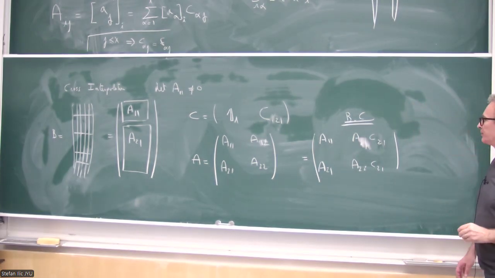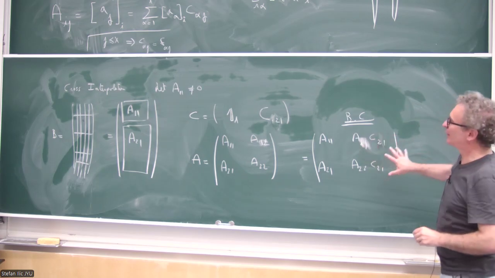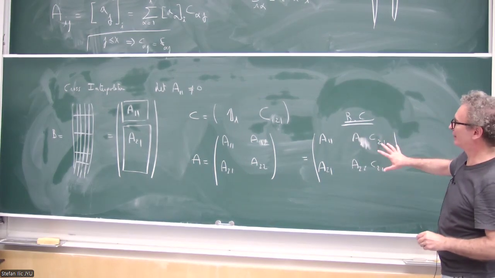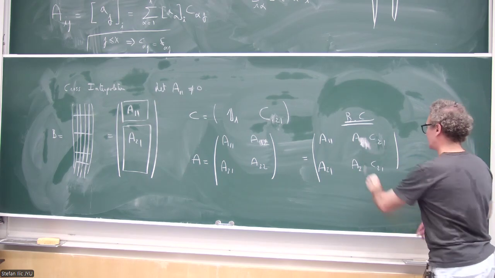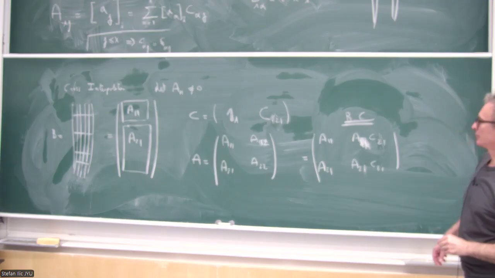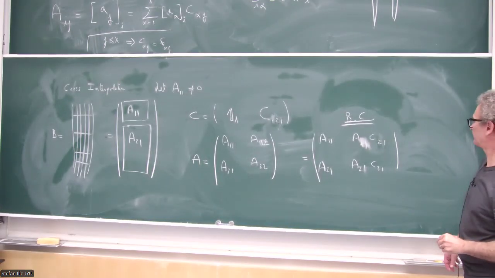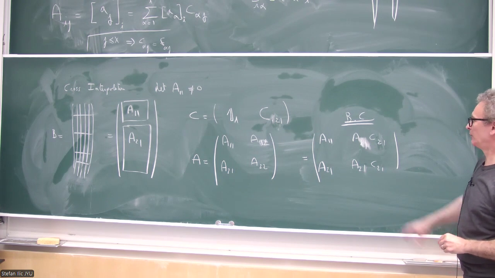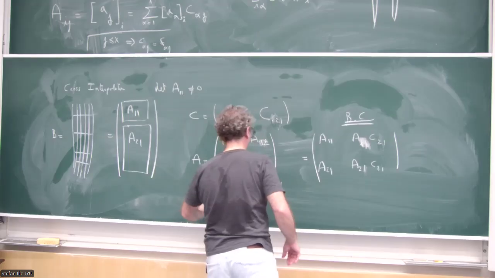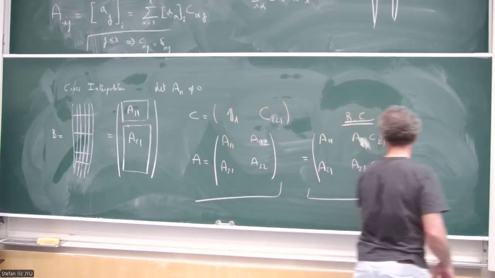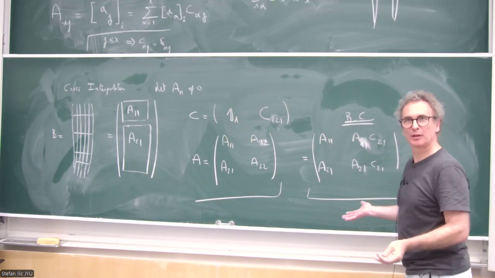Okay, slowly, I will get it right. Okay, this is A, this is B times C. Now they should be equal.